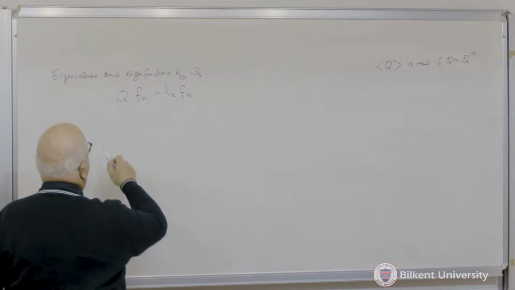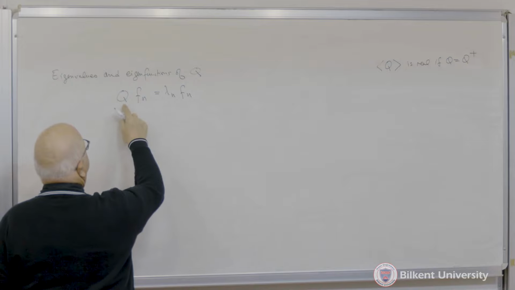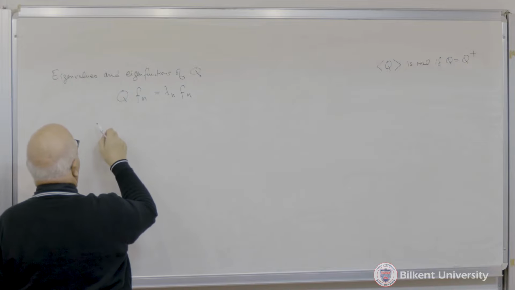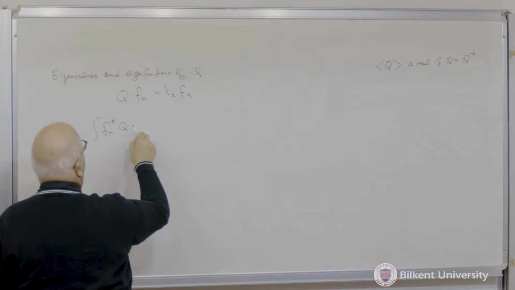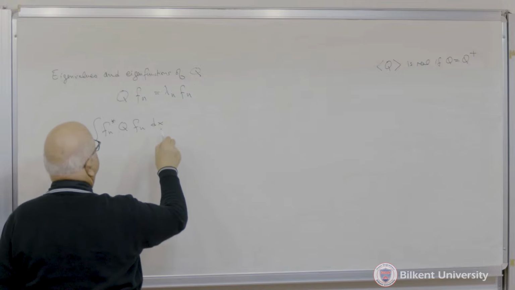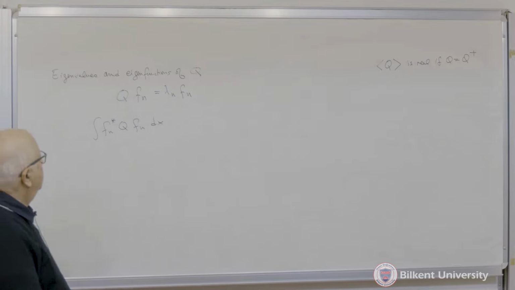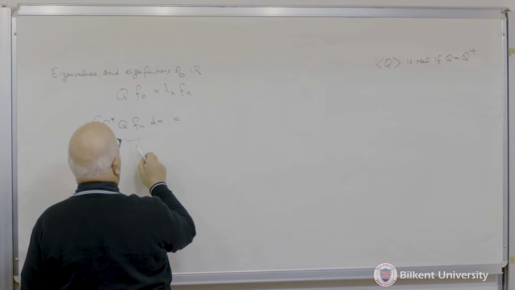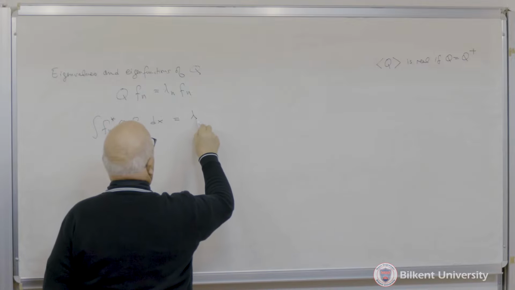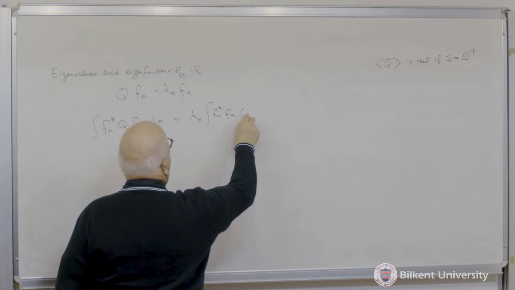If I now look at the expectation value of this in any one of these states, so if I just look at the integral of Fn star Q Fn dx, what do I get? Q times Fn is lambda times Fn, so I'm going to get lambda n times the integral of Fn star Fn dx.